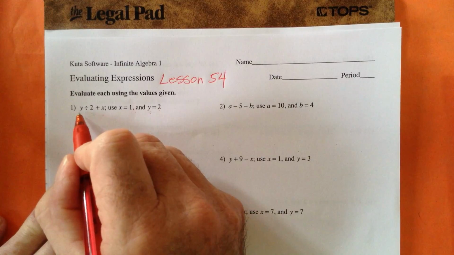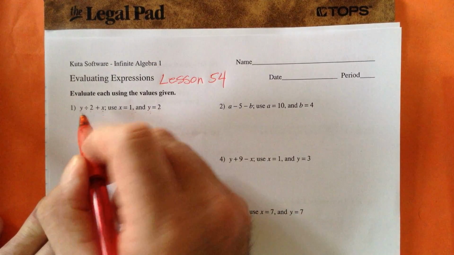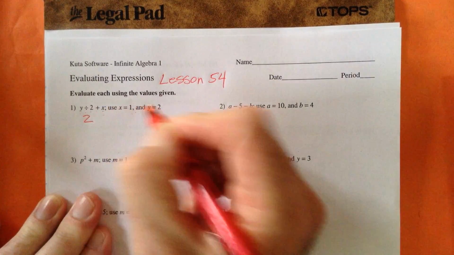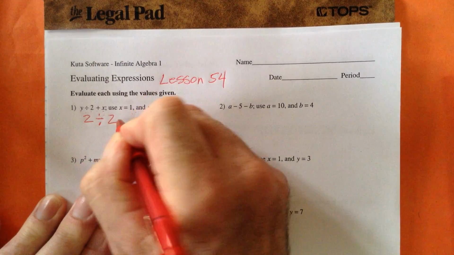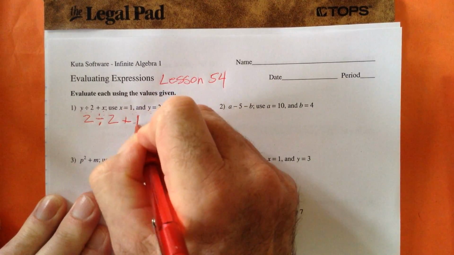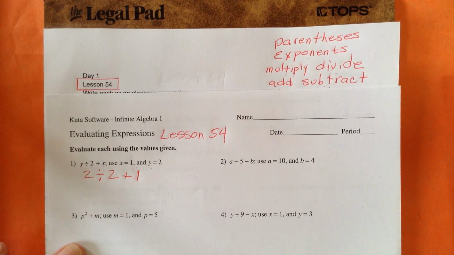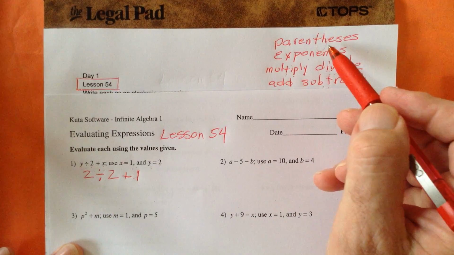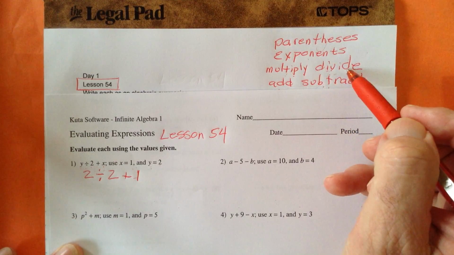So just like here, I have y divided by 2 plus x. I've made the y 2, so 2 divided by 2, plus the x, which is 1. Okay? The first thing, order of operations: is there any parentheses? No. Any exponents? No. Multiplying or dividing?